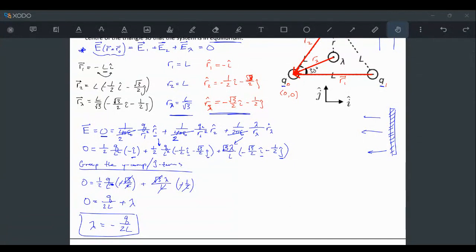So Alex had a question in the chat. You're focusing on the j hat component because the question said the line is vertical? No. The line is vertical in the sense that, if you imagine the paper or the screen is sitting flat on your desk, it means the line is coming out of the page. It really doesn't matter if you rotate everything and you're lying on your side and your laptop's on the side, and therefore the line charge is horizontal.